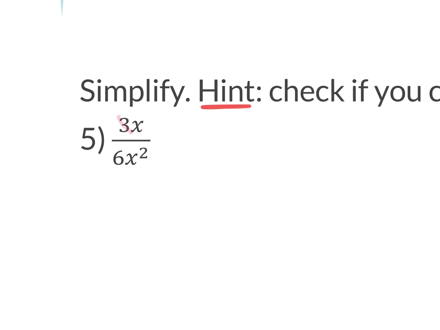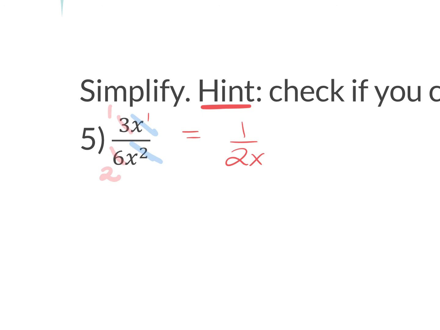So I can change the 3 to a 1, the 6 to a 2. And then I can also simplify the x. This is like the first. You could either subtract them or get rid of this one. And that becomes a 1. And then just get rid of the exponent. So the final answer here would be 1 over 2x.